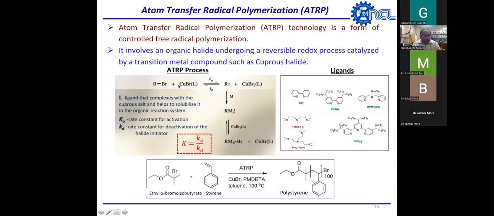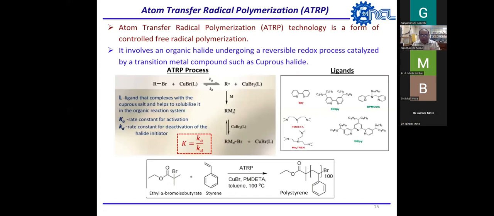Here you can use a cuprous halide to initiate the reactions. Particularly, I have given the example ethyl alpha-bromoisobutyrate, and styrene as a monomer to make polystyrene foam. You might know polystyrene foam as the packing material you use in your laboratory also.